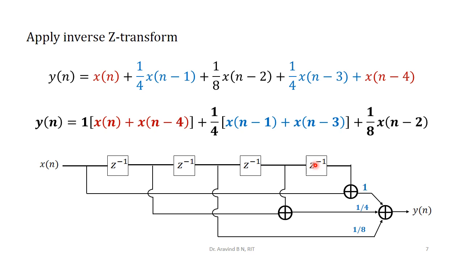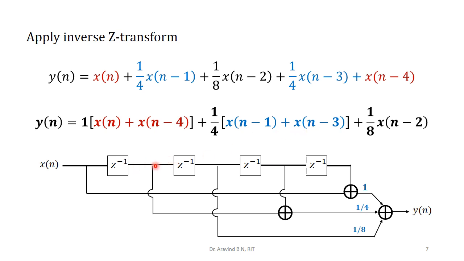Then we start realizing. So x of n plus x of n minus 4 we are going to realize first. This is x of n, you can observe the line, and this is x of n minus 4. These two lines are joined here, then multiplied with the coefficient 1. This is the coefficient 1 represented here. Similarly, x of n minus 1 plus x of n minus 3.